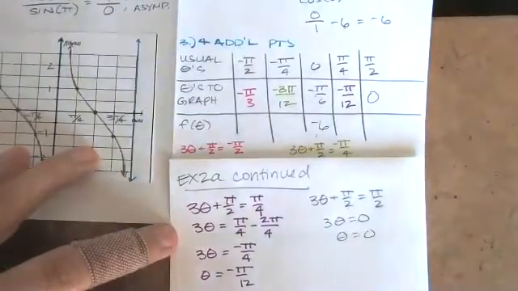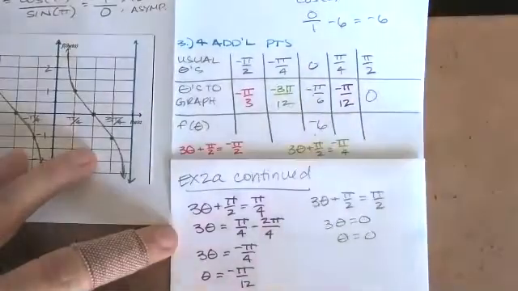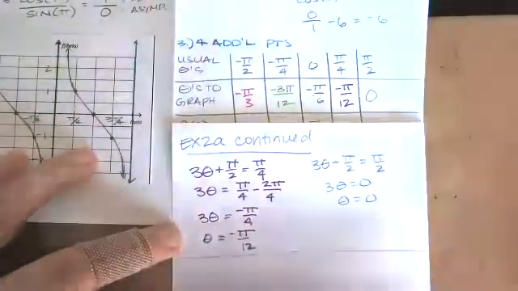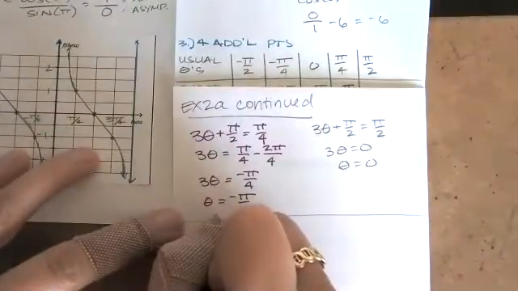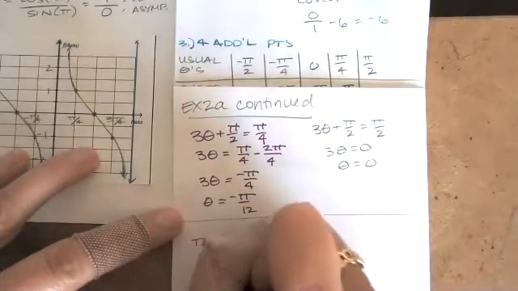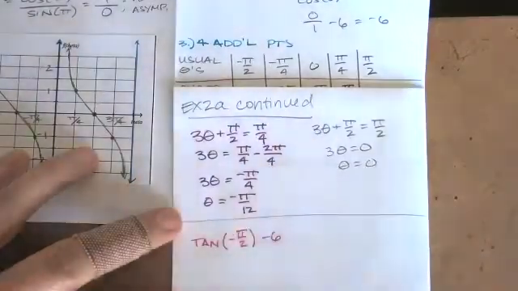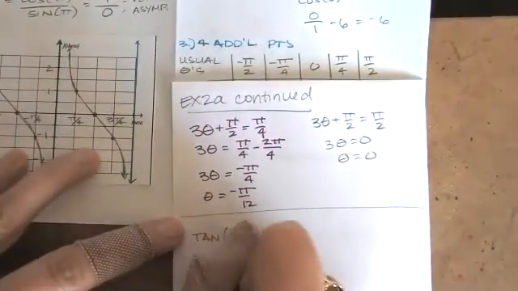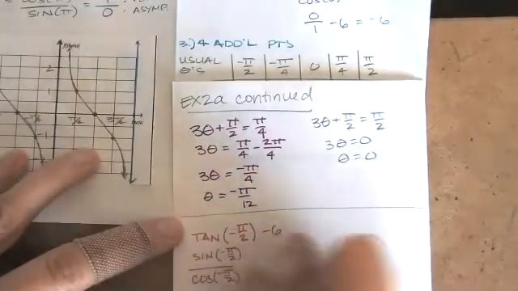Okay, so we'll find our y coordinates here. So I'm going to find the cotangent, I'm sorry, the tangent of negative pi over 2 minus 6. This is the same as the sine of negative pi over 2 over the cosine of negative pi over 2, minus 6.